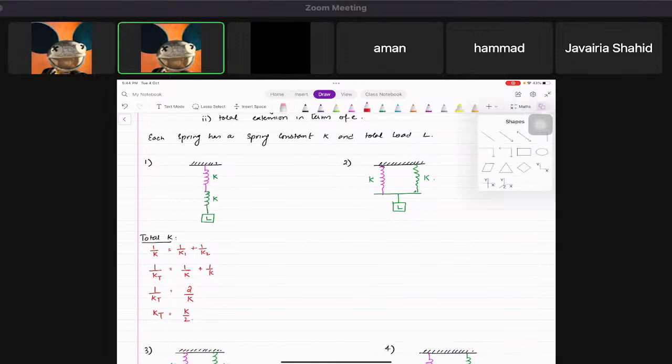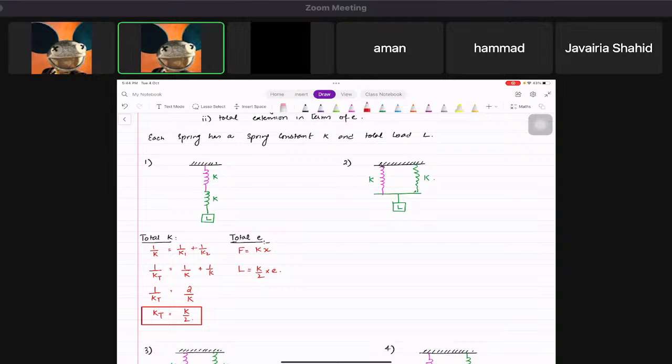So first we solve this, okay? So in terms of K, we just found this, and now we want to find the total extension. Now for total extension, we already know that force is equal to Kx, and because force is equal to Kx, this F is L, K is now K by 2, and this is the total extension we need, right?